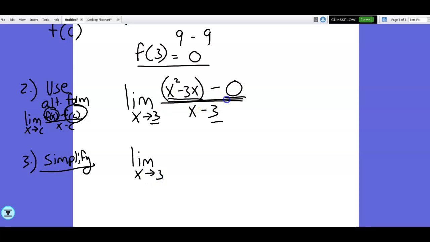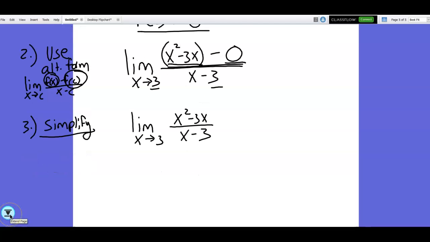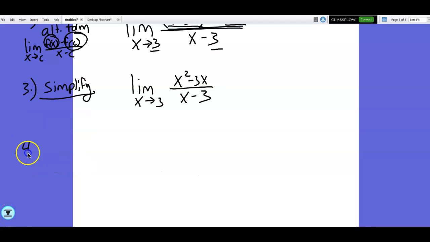But anyway, by just combining these, if you take away 0, nothing happens. So I'm just going to leave it as 0. So there's that. On this one, I think the one that has a little bit more work involved is the actual removing the discontinuity. And the way that you're going to remove the discontinuity on most of these problems is you're going to factor and cancel.